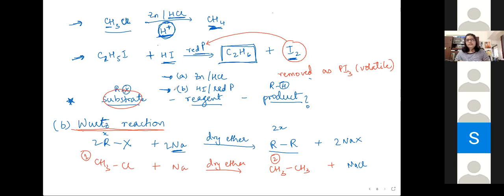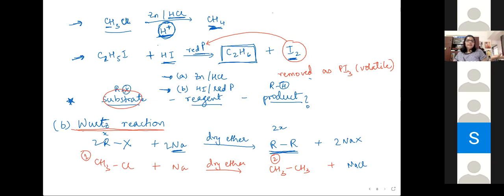Also, because these reactions are going to follow you throughout, even in 12th grade, I would suggest maintaining a separate chart or a notebook in this format: substrate, reagent, product. A lot of times the same reactions will repeat again in a different context. Here you're learning it because it's a preparation method of R-R.